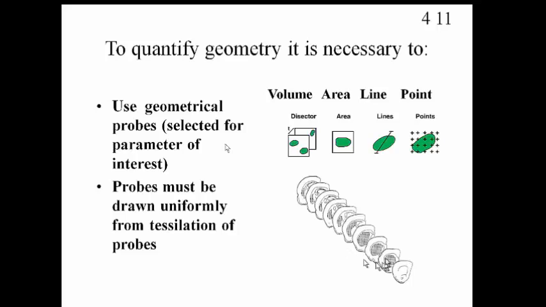This means that one would sample the structure of interest with a sampling scheme that permits all parts of the structure to have an equal probability of being sampled. So I'll repeat that again. We want a sampling scheme, uniform, and tessellation just means a pattern that's placed inside there. We want a pattern or a way to sample the tissue with the probes in such a way that all parts of the structure have an equal probability of being sampled.